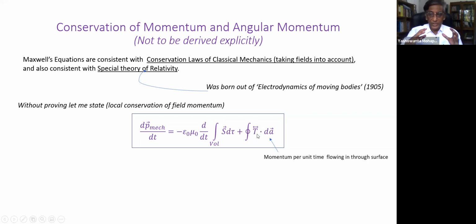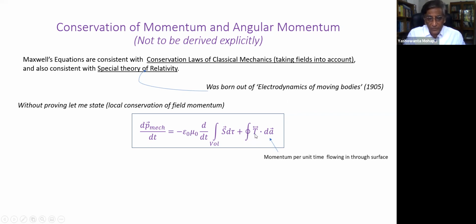If we're considering the charge and current configuration, then into that configuration there is momentum flowing in from the field, and there is energy flux that is going out. It's an integration within the volume with a rate of change with epsilon naught mu naught.